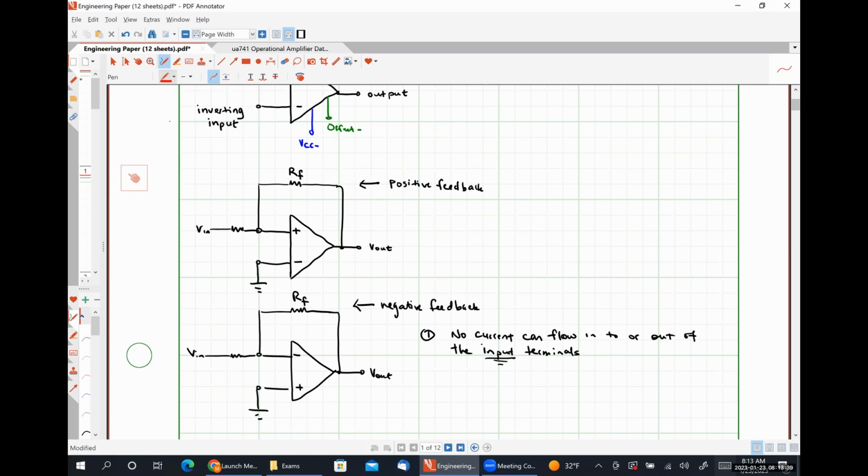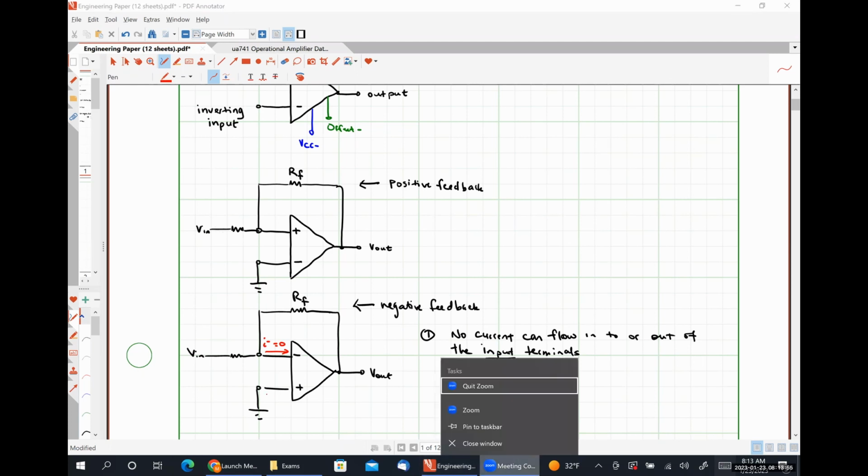So what I mean by that specifically is, let's call this current right here I superscript minus. This current must be 0 amps if we have a negative feedback amplifier.